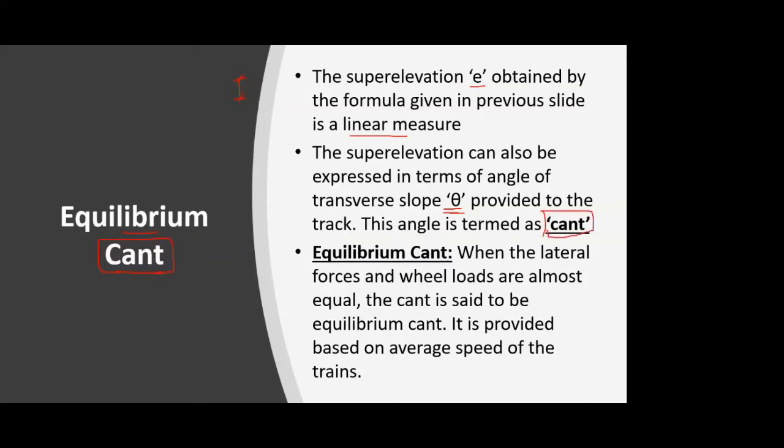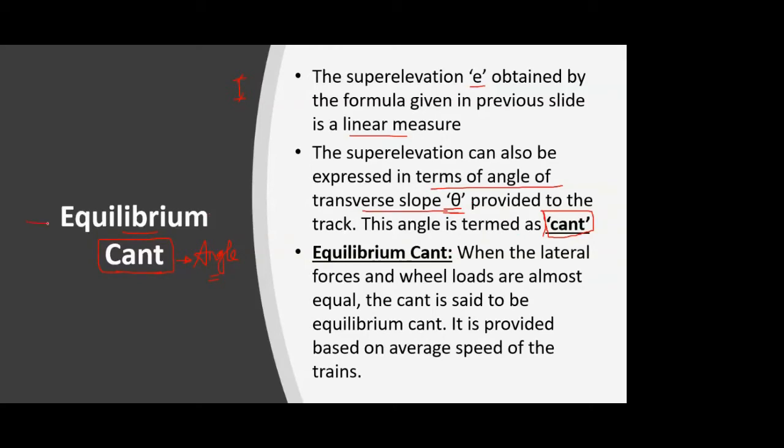Okay. So basically Cant is nothing but superelevation itself. The only difference is this Cant is an angle and it is not a length. Okay, so that is the only difference. So the starting one to keep in mind, Cant is nothing but the angular measure of a superelevation. Okay, so superelevation expressed in terms of angle of transverse slope, that is theta, and that is nothing but Cant.